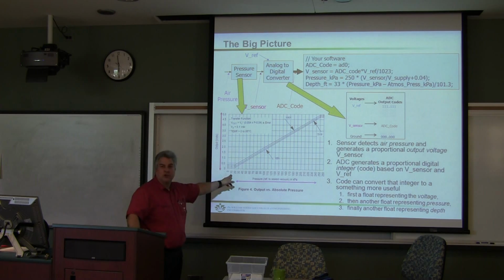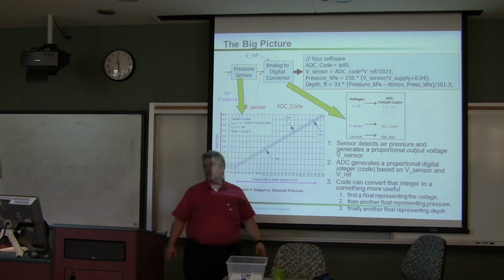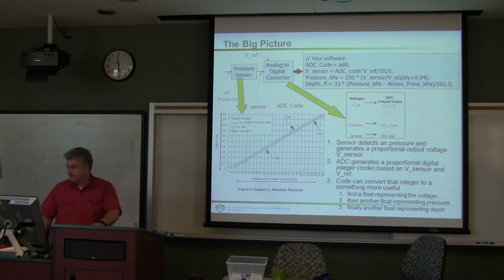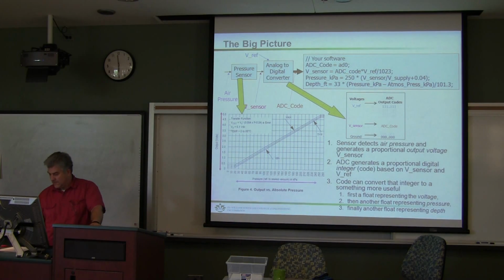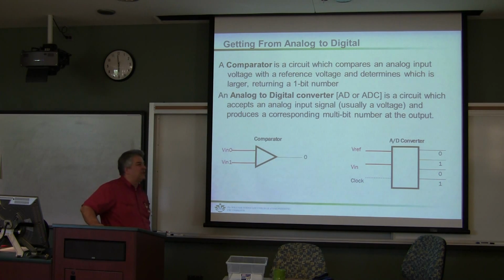So a person who is doing A to D conversion will have to have a table of how that particular sensor works. So, getting from analog to digital, we're going to get into some electrical concepts that I know you mechanicals had in ECGR 2161, if you could remember that far.